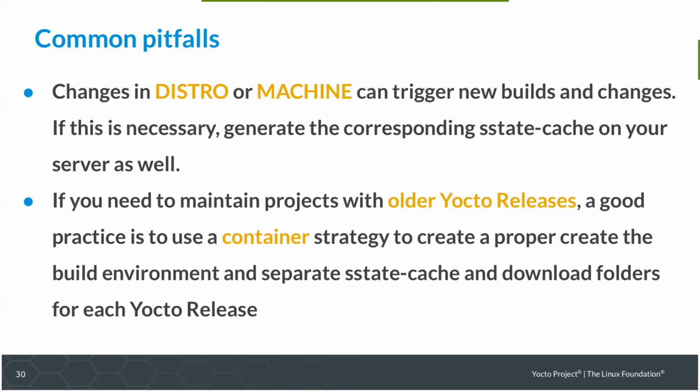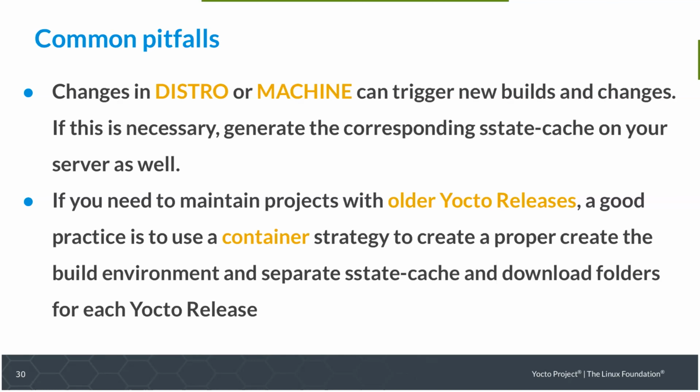For each version of Yocto, some versions have some types of dependencies, others don't. So you can put this in a container, and you can separate the cache and download folders for each release. The state cache doesn't work across releases of Yocto.